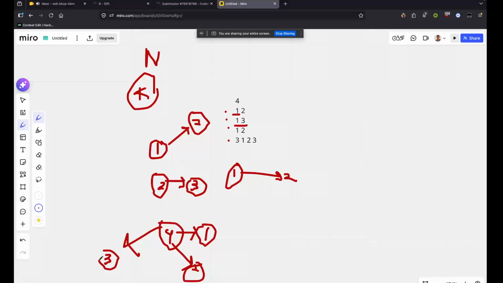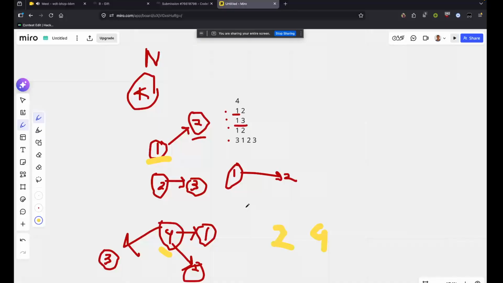So the question is asking, on the receiving end, suppose for two, how many gifts is person two receiving? Let me take another color. So person two is getting gifts from person one and person four. So at index two we will be printing one and four, because person two is getting two gifts.